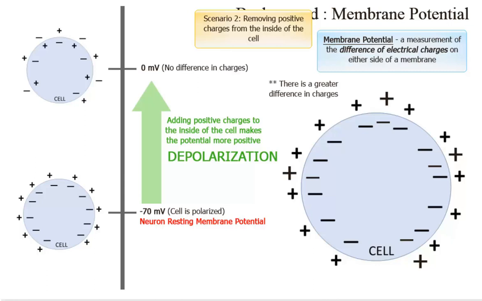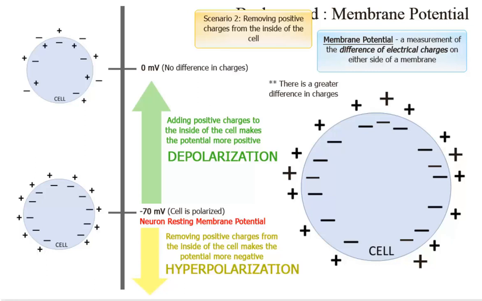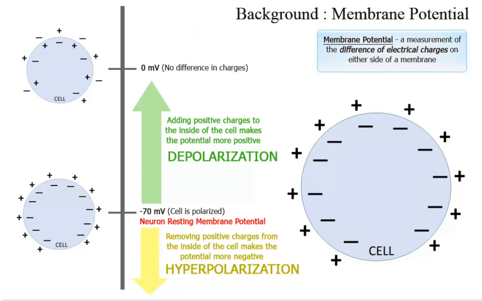So my number would become more negative than minus 70. And I would call this hyperpolarization, meaning that I am making it even more polarized. Remember, hyper means more. So with hyperpolarization, I'm making an even greater difference in the charges. So hopefully this will help you understand some of this terminology as we move forward.